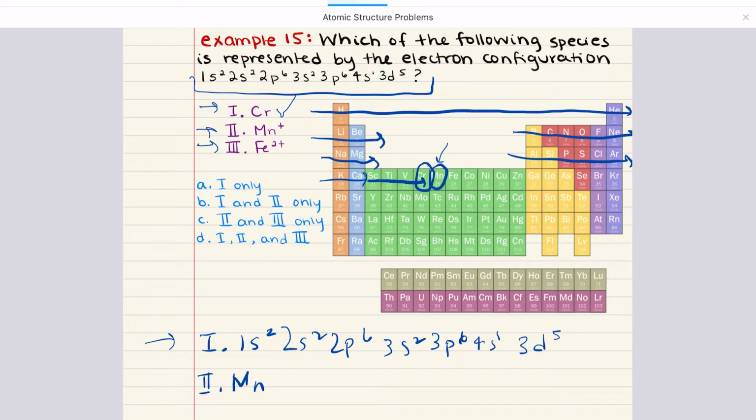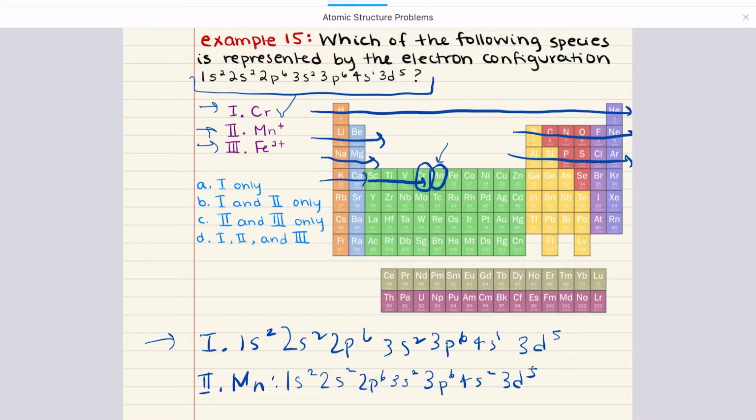So we're just going to write it normally as 1s2, 2s2, 2p6, 3s2, 3p6, 4s2, 3d5. So this is the electron configuration for manganese.